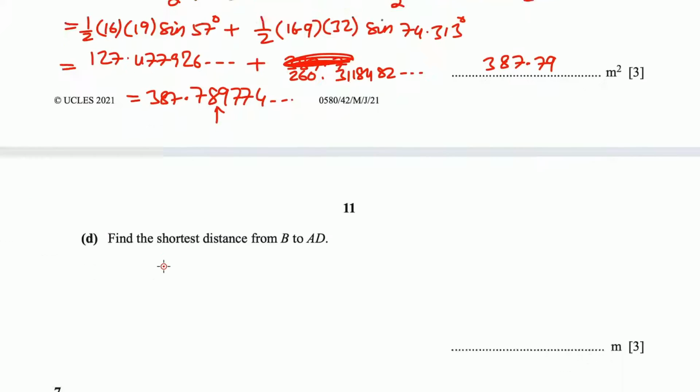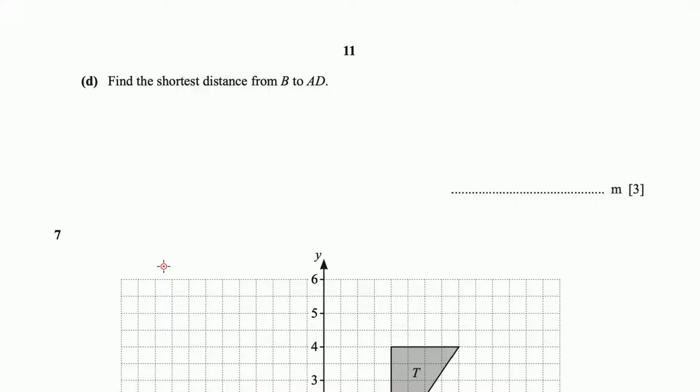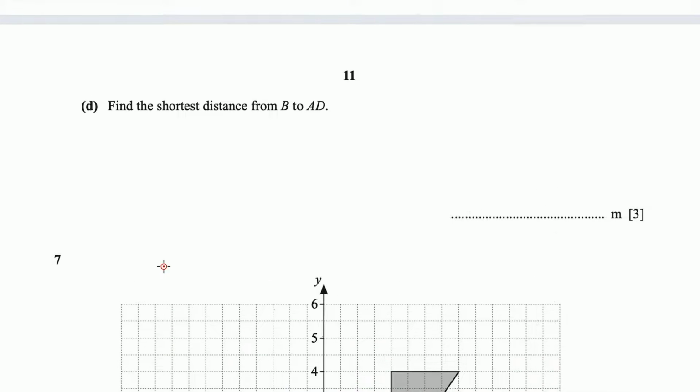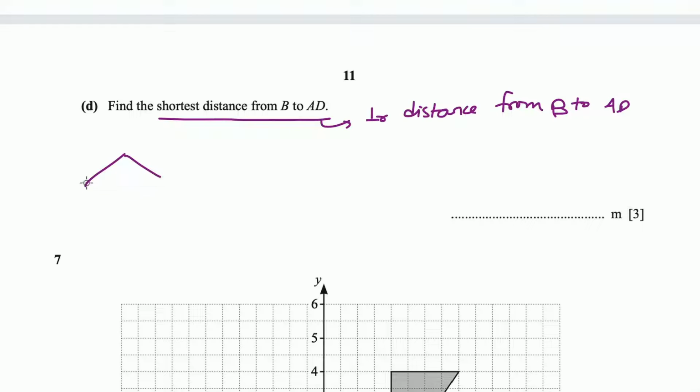Now, part D. Find the shortest distance between B and AD. We can see that the shortest distance is the perpendicular distance from B to AD. So in this triangle, this is what we want.